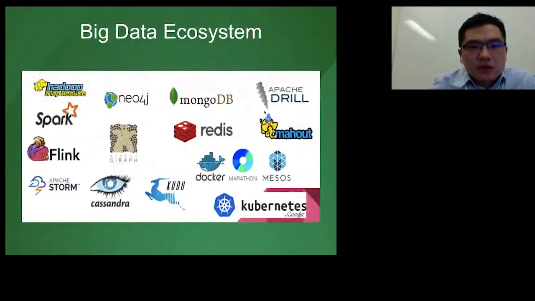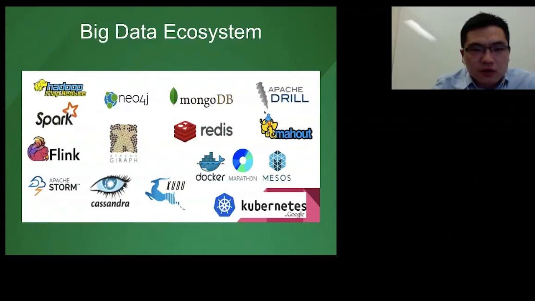The last one, I will show you the big data ecosystem. You can see there are many tools in big data. Other than Hadoop, there are newer ones like Spark, Flink, and Storm for data processing, and Neo4j and Giraph for graph processing.